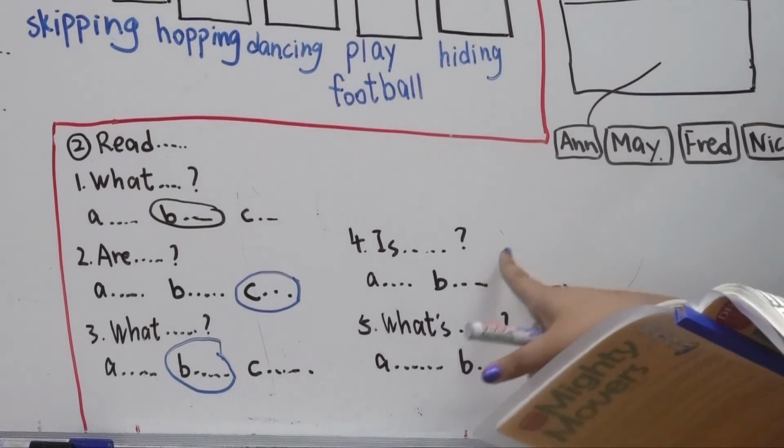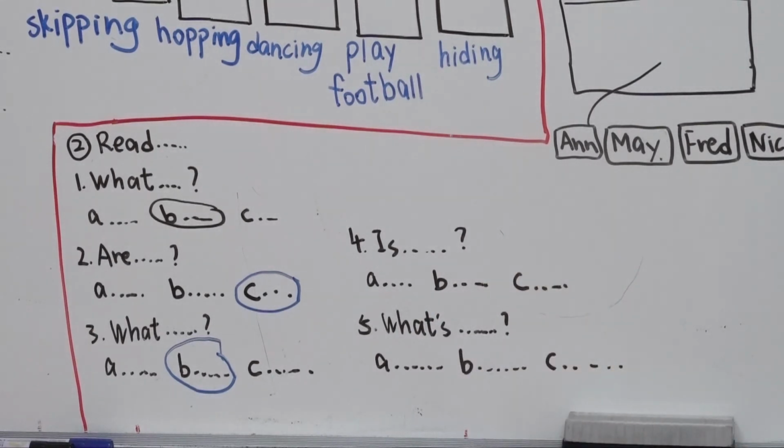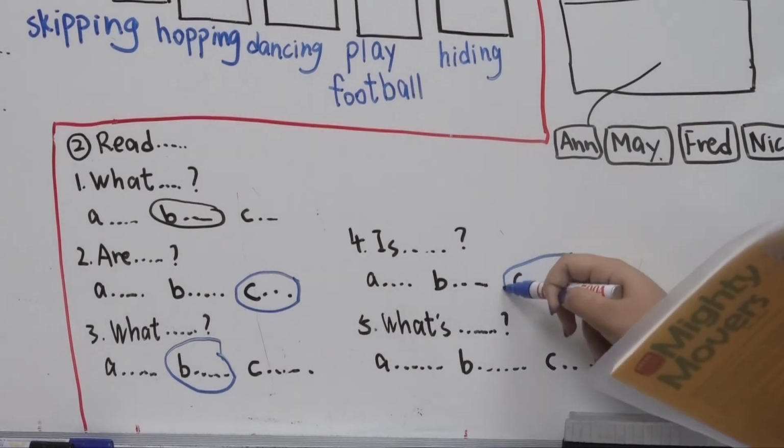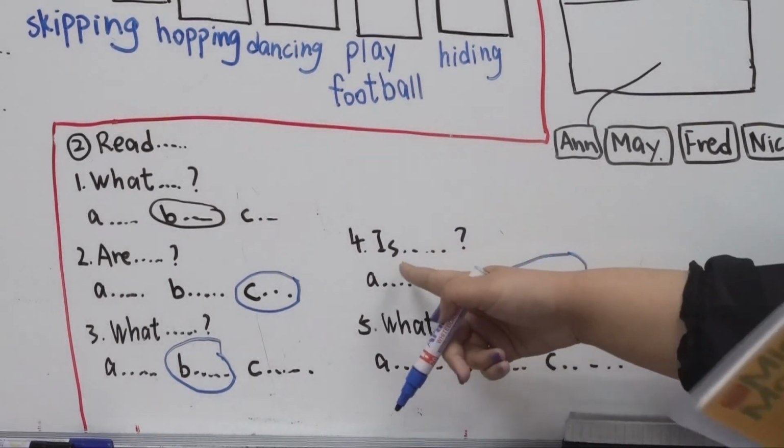All right, 4. Is he hiding? A, no, he doesn't. B, he doesn't hide. C, no, he isn't. That should be no, he isn't, because it asks is he hiding.